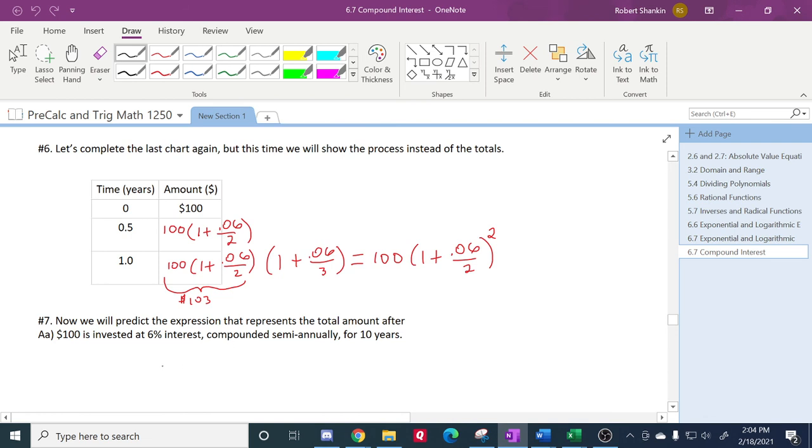What do you have? We got 100 times 1.01 plus 0.06 divided by 2 to the 10th. Okay.